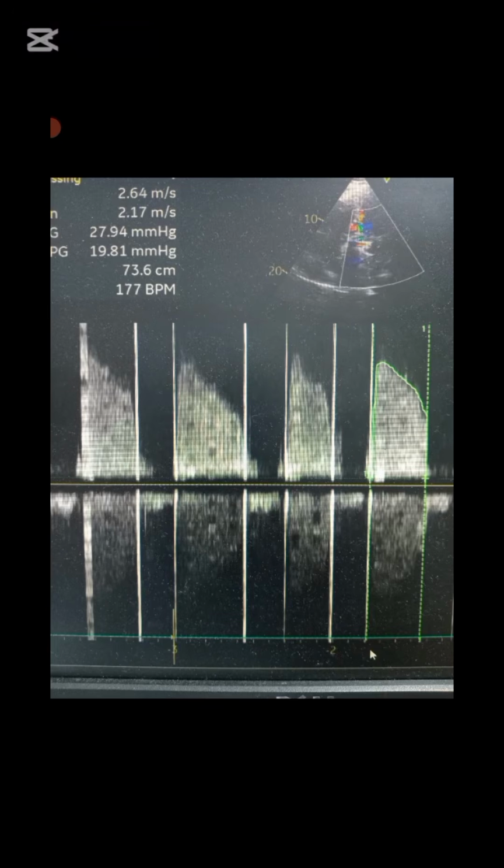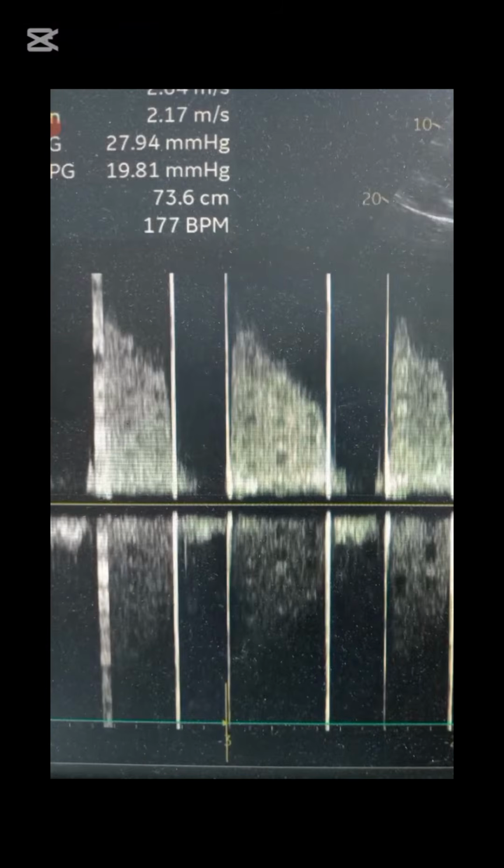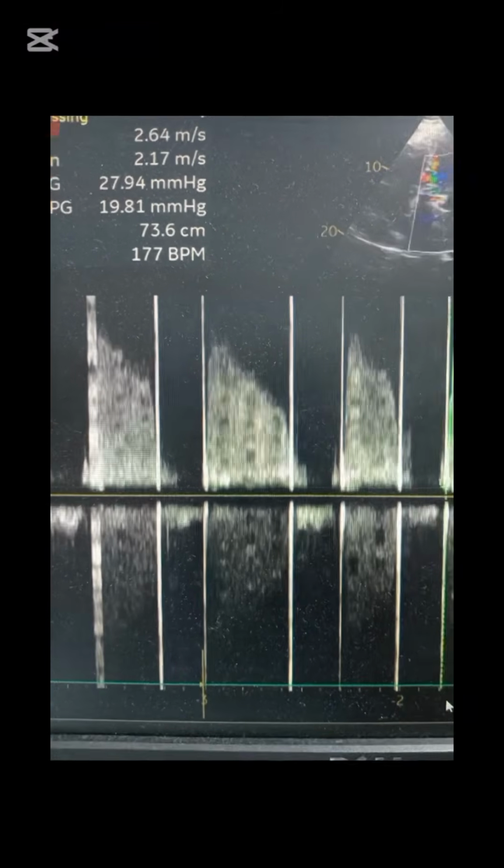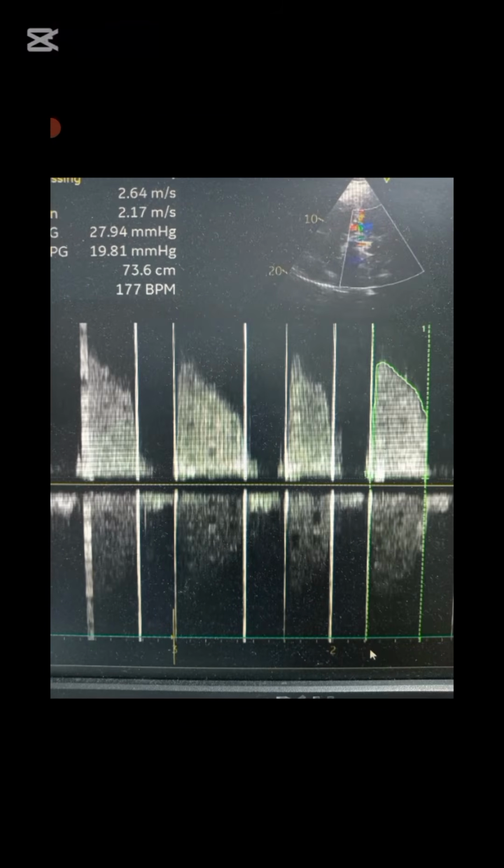In this case, the velocity is 2.64 meters per second, an elevated velocity and gradient. A velocity less than 1.9 meters per second is normal, but here we have 2.6. A mean gradient less than 5 millimeters of mercury is normal, but here the mean gradient is 19.8 millimeters of mercury.